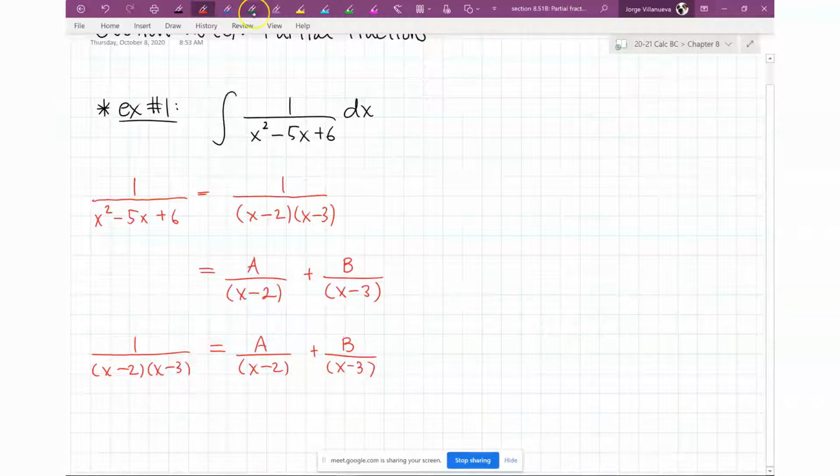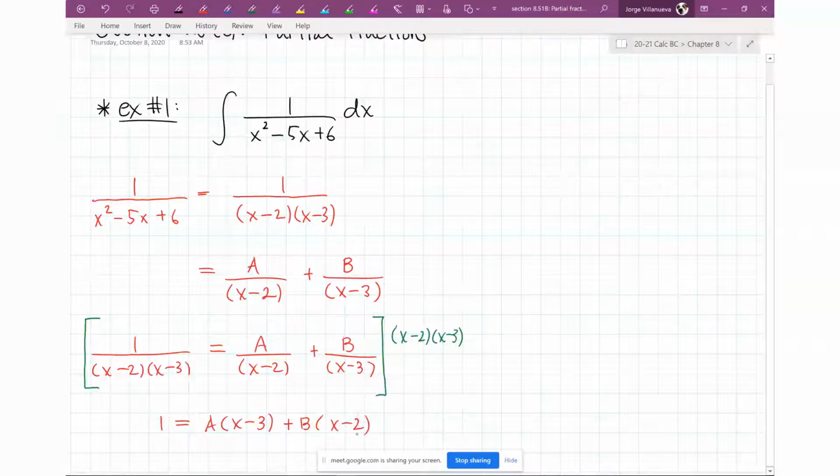And what I do is I multiply every single term by the LCM. I multiply everything by x minus 2 times x minus 3. When I do that, I get the following: 1 equals a times x minus 3 plus b times x minus 2.